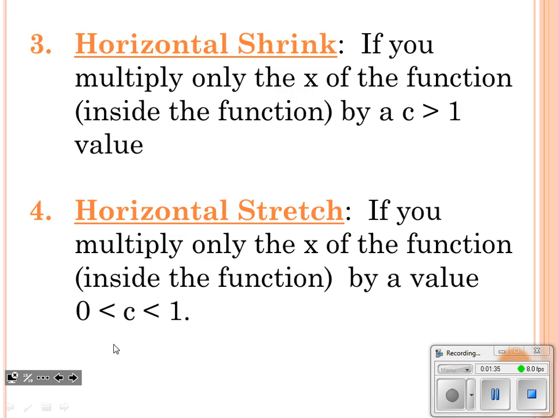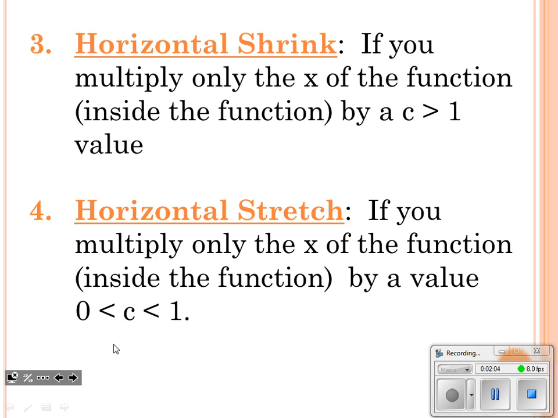Horizontal shrink, horizontal stretch. Again, we'll look at examples of these in a moment, but a horizontal shrink is if you multiply only the x part of the function. So we're going to be inside that function again, only on the x, by a constant greater than 1. A horizontal stretch is if you multiply only the x part of the function by a value between 0 and 1. So you can see some similarities between these vertical and horizontal shrinks and stretches.